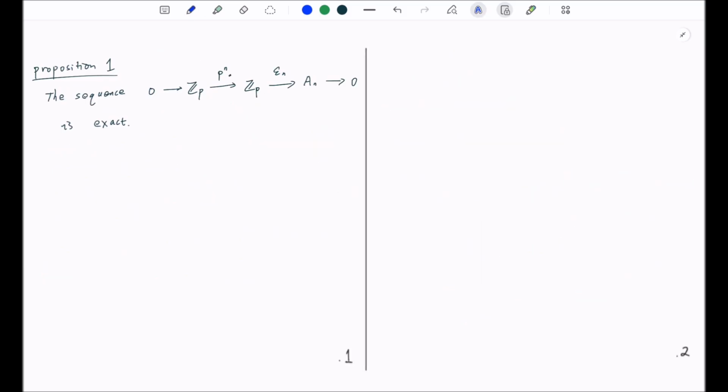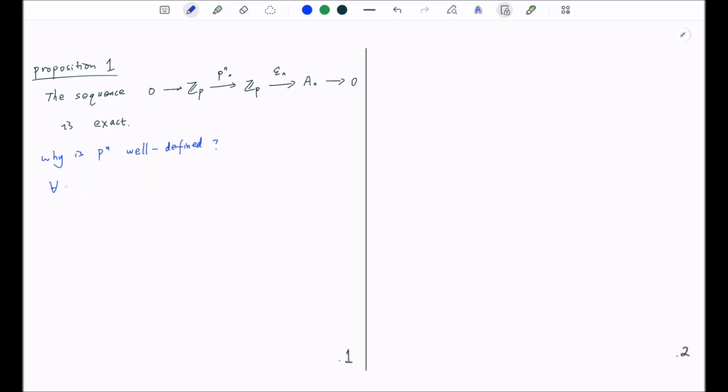Before we start proving that the sequence is exact, there's one thing we need to clarify. We need to clarify why this p^n is a well-defined map. Namely, why does it preserve the compatibility of sequences here?